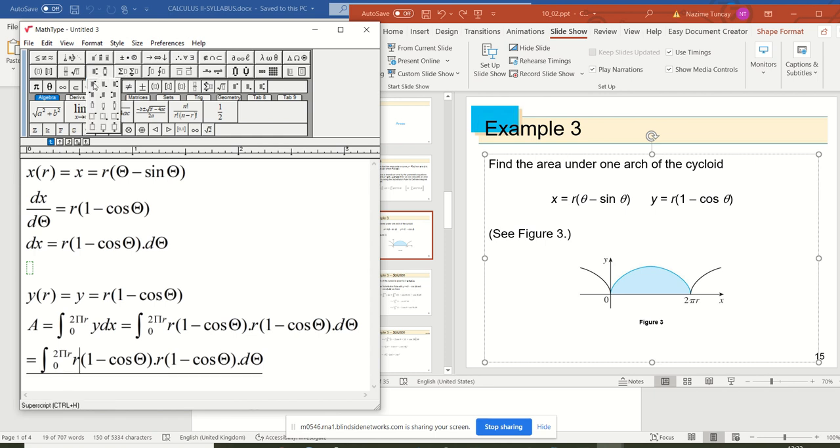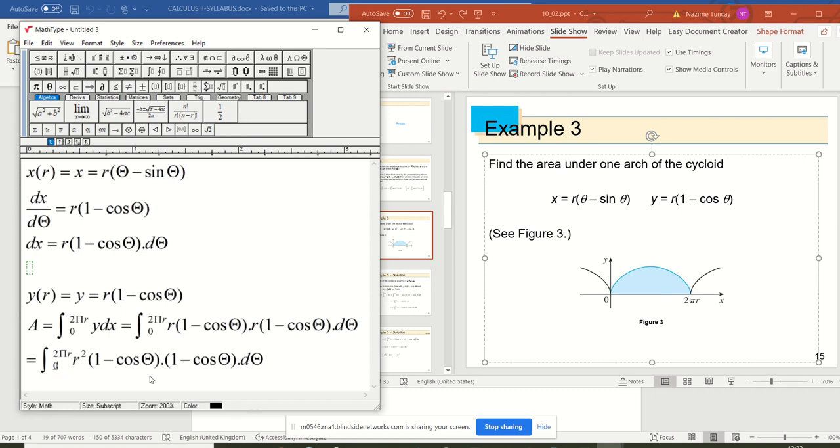If I multiply, there are two r's here, so this becomes r squared, and these are all multiplication. You see that this is 1 minus cosine square, but in fact this is more than that. It's not just 1 minus cosine square theta.